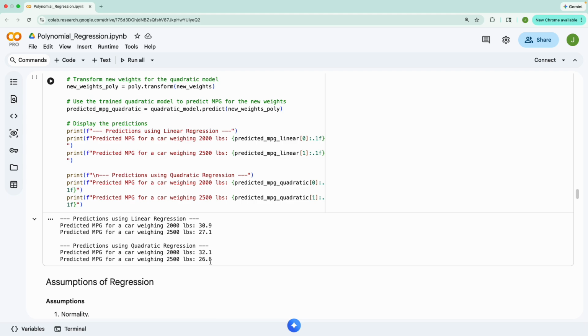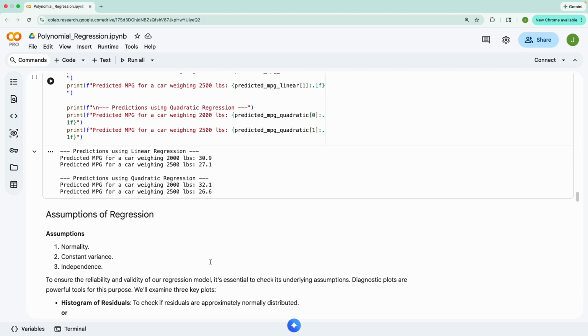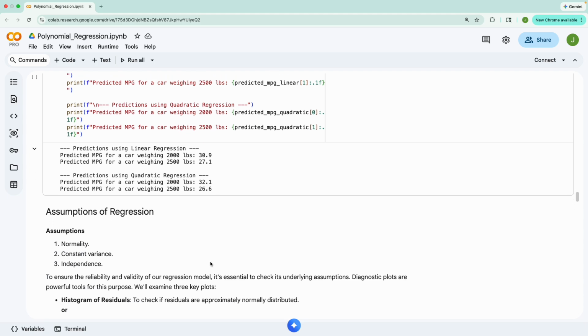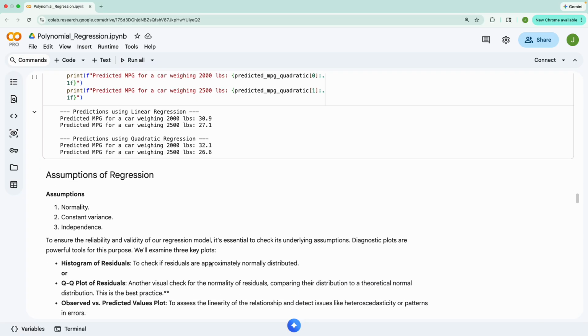Okay. Now, a third way to make decisions based off of which model to use would be which one meets the assumptions of regression. The assumptions of regression are normality in the error terms, constant variance, and independence. We should note we have independence because one car's MPG does not affect another car's MPG.